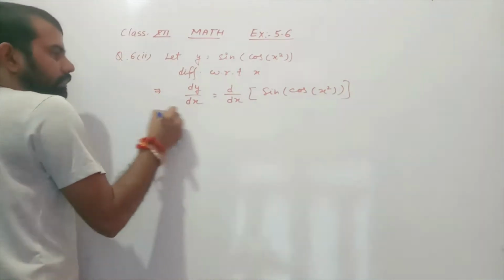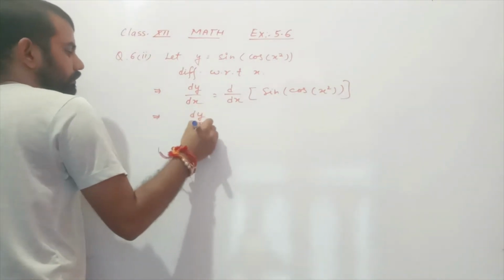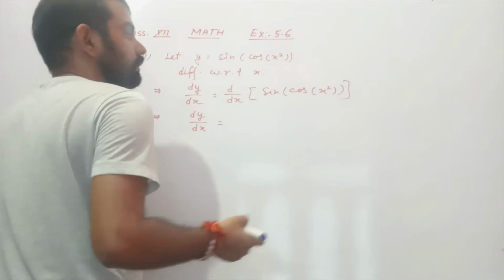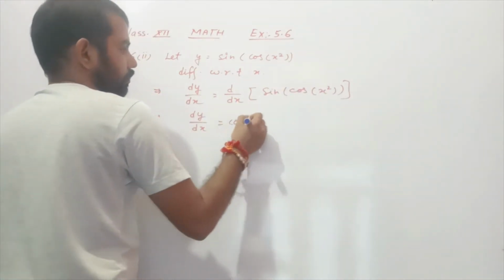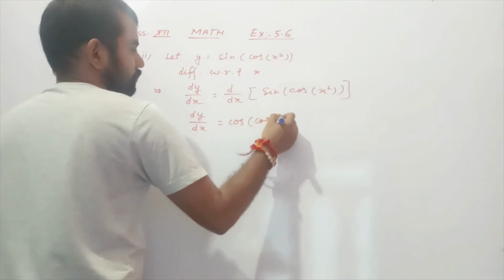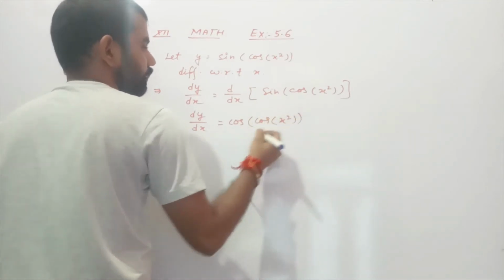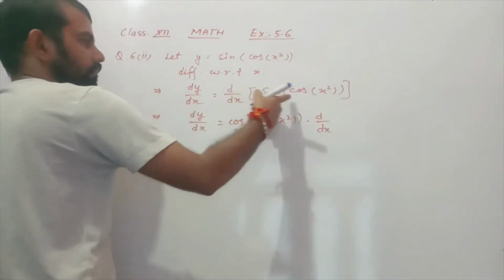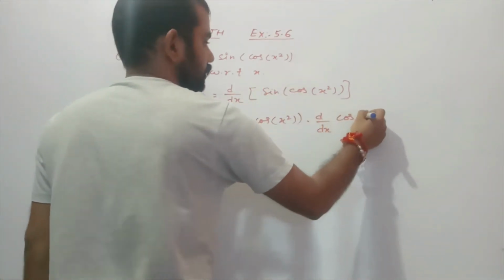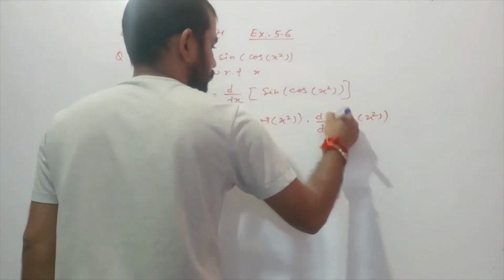This implies that dy by dx is equal to d by dx of sin x, sin x is cos x, so cos of cos x square into d by dx, by the chain rule, d by dx of cos of x square.